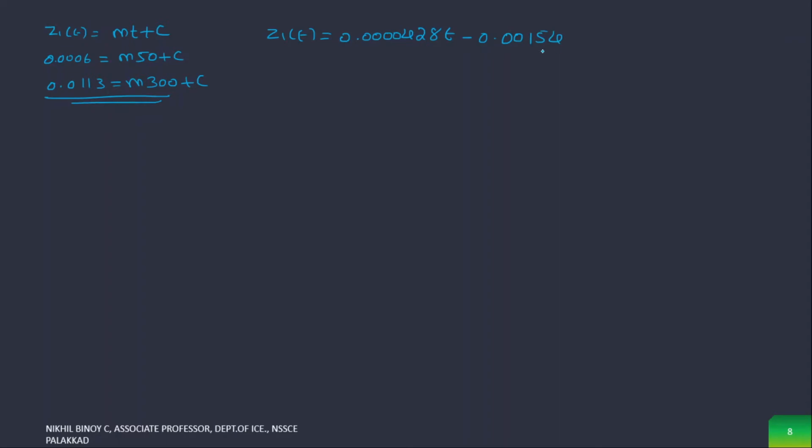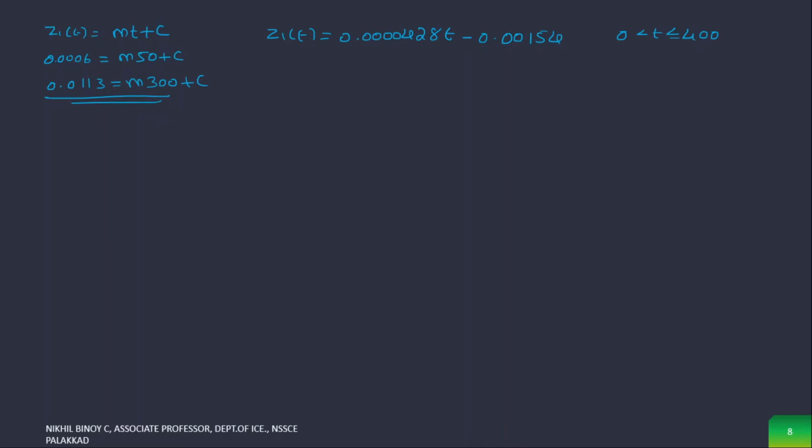You can see that in this equation we have a linearly increasing part and a constant part. This is applicable for 0 less than t less than or equal to 400. Actually up to 350 we can use it. From 300 to 400 there is a dip, so it is more accurate for 0 to 300.